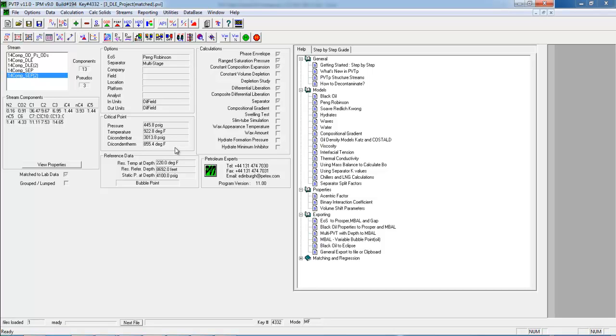So for the DLE measurement, we call this Bo D, which is differential. So it's Bo, but for the differential test. This is also Rs D for the differential test. In the separator, we call this Bo for the separator and B for the bubble point.